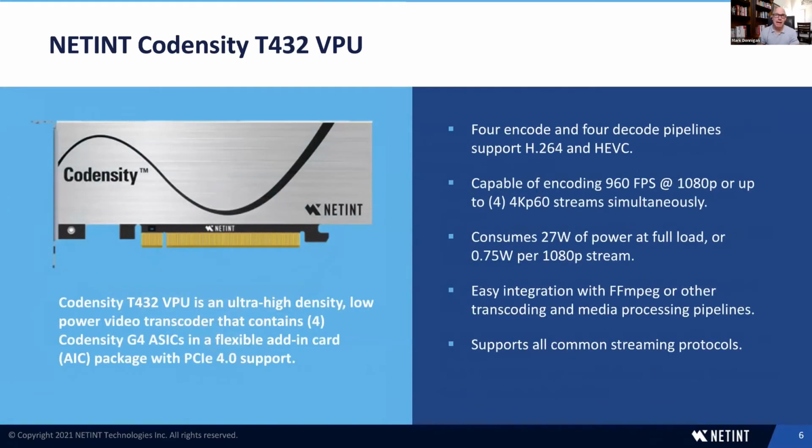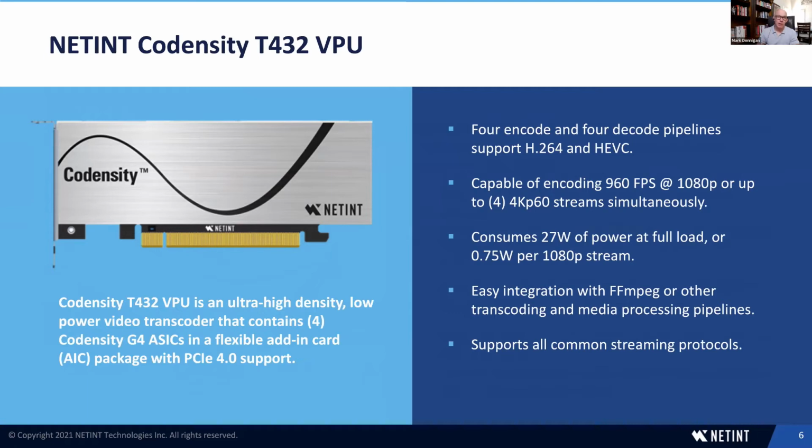The next version is called the T432, and you can clearly see this is a standard add-in card, AIC, PCIe form factor. This includes 4 of the G4s. So basically, this just gives you 4 of the T408s, and it's very, very dense.